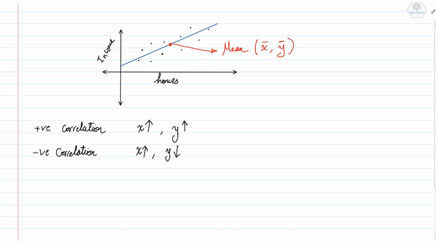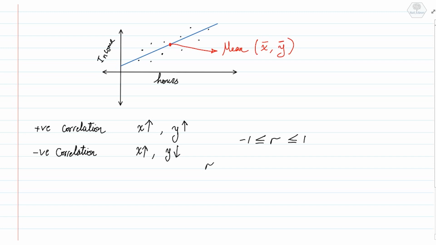And what we'll be caring about here is the Pearson product moment correlation coefficient, which is r. r is a value that lies between 1 and -1.